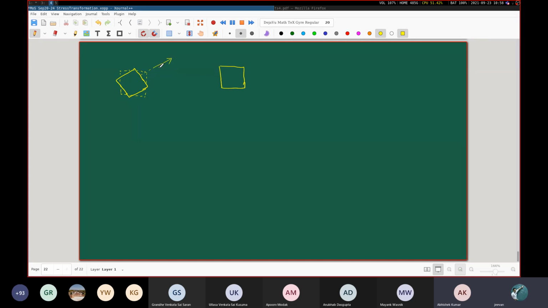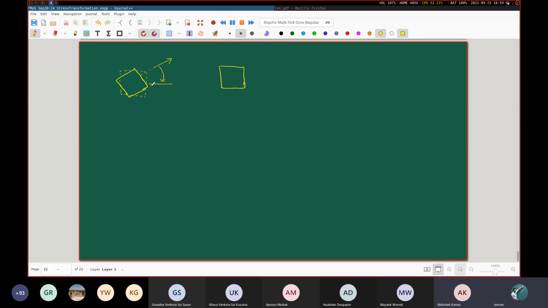You try to rotate your x-axis in the clockwise direction like this, so that you are obtaining finally this kind of an orientation. Because once you obtain the stresses corresponding to this kind of an orientation, then that dotted orientation and this right hand side orientation, they are same to same.